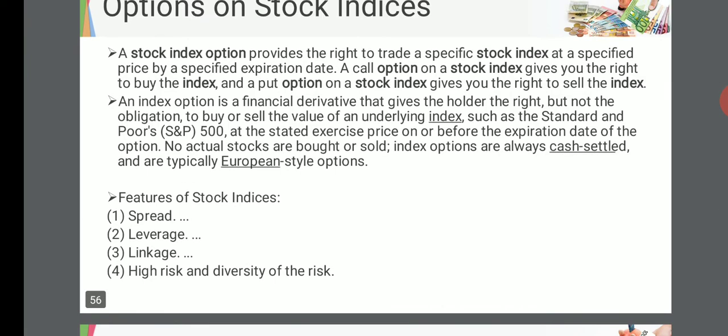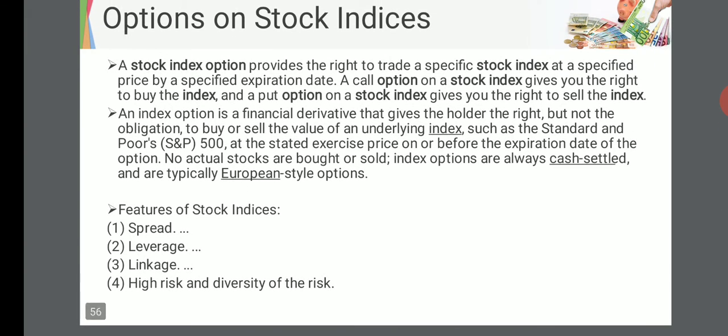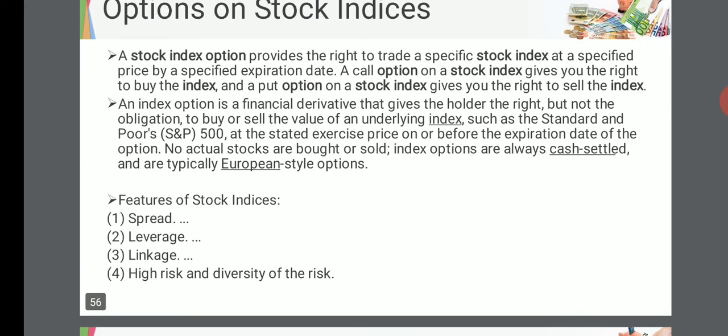Now, features of stock indices are spread. Spread means a spread of risk, a spread of funds into various indices, because it is related to indices. Indices means Sensex, Nifty, and spread means it is properly spread across the various stocks in those indices.